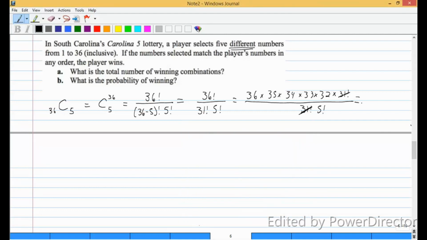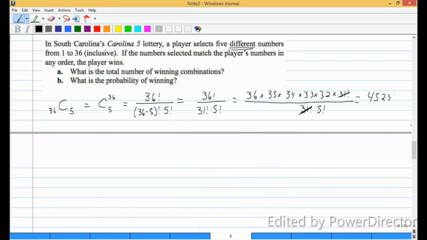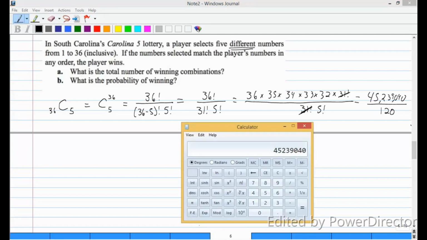So this is going to end up being 45,239,040 divided by 120. And we better get a whole number. Alright, so I got 376,992.